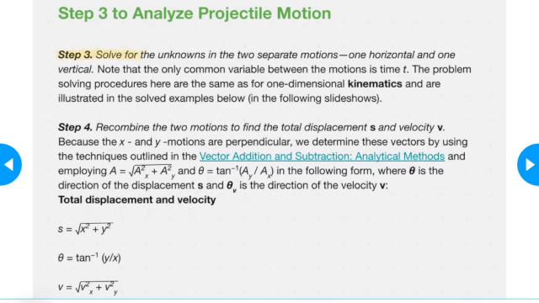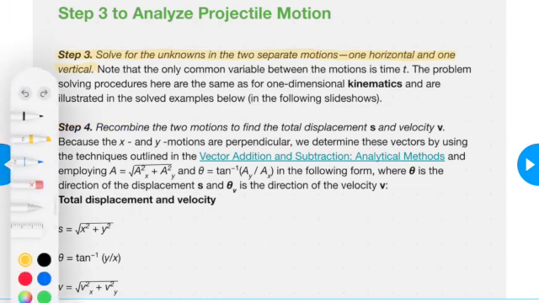All right, step 3. Solve for the unknowns in the two directions. Pretty straightforward. At this point, you probably are good. You don't usually have to do more than that. Occasionally, you might have to do step 4, but step 4 is not one that is always required.